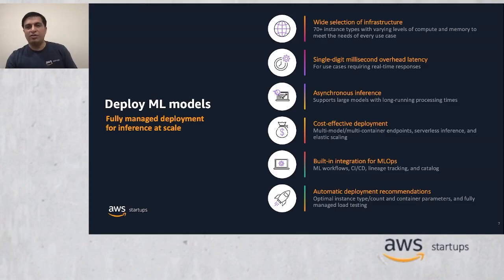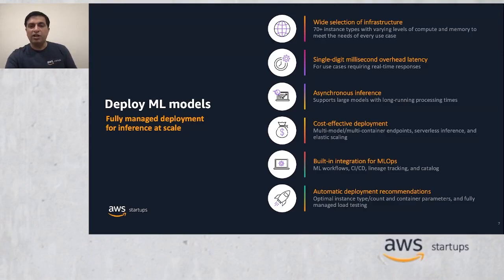SageMaker also allows you to implement advanced deployment capabilities for machine learning, such as A/B testing, canary deployment, and blue-green deployment. Using these techniques, data scientists can rapidly release model updates, avoid downtime during deployments, and benchmark the performance of their ML models in development, test, and production environments.